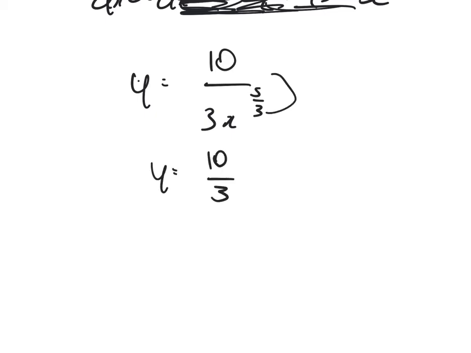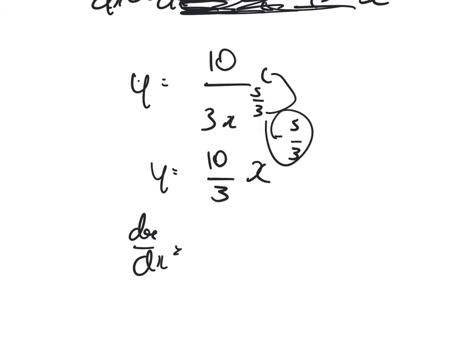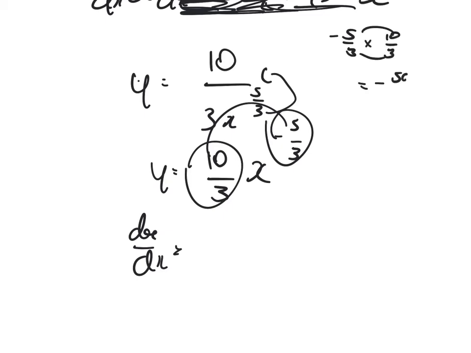Okay, let's try y equals 10 over 3 x to the power 5 over 3. So bring the power up, change its sign. That's 10 thirds x to the minus 5 over 3. We can now differentiate. And so minus 5 thirds times 10 thirds. Let's think about that. It's going to be minus 50/9.